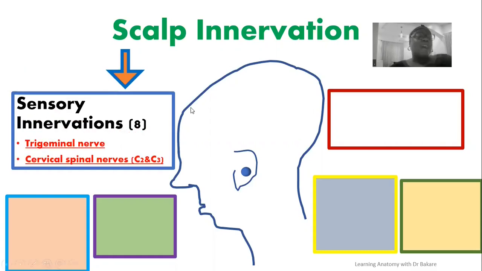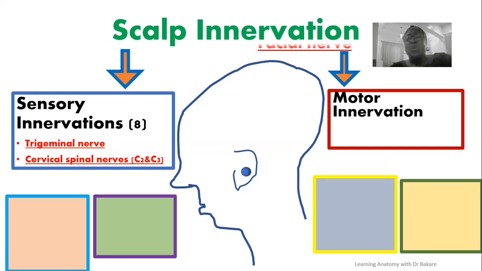We would see how these 2 nerves contribute to the sensory innervation of the scalp as we go through this lecture. Then the second class is the motor innervation, and this is carried solely by the facial nerve. The facial nerve is the 7th cranial nerve to carry motor stimulations of the scalp.